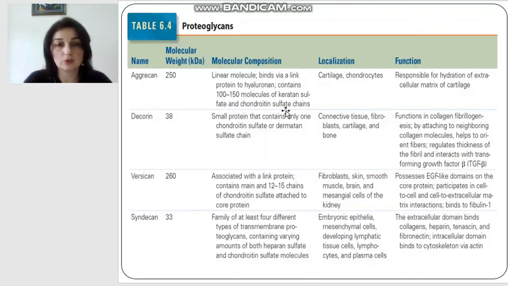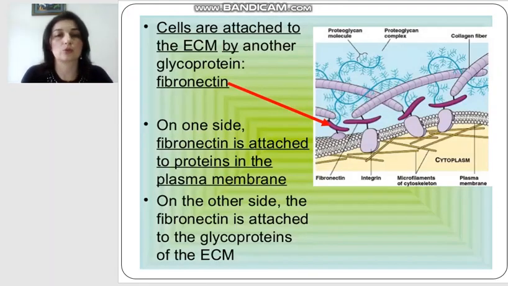The types of proteoglycans, aggrecan, decorin, versican, syndecan, all of them also have their localization, functioning, and molecular composition. Their molecular composition is almost the same, and the functions are also almost the same. The proteoglycans which remain on the surface of the cell membrane serve for attachment of the cell to extracellular matrix components.